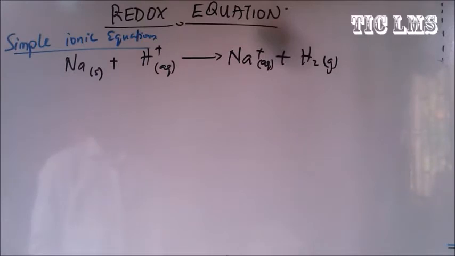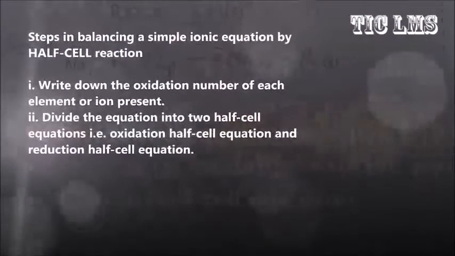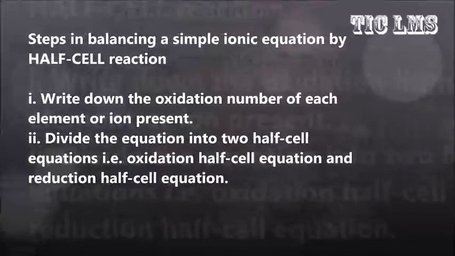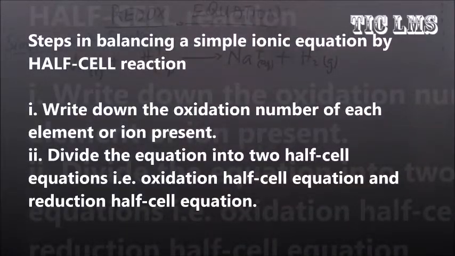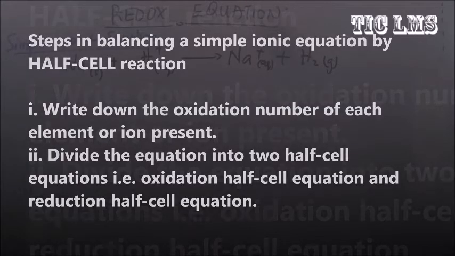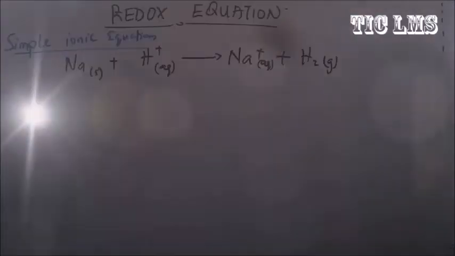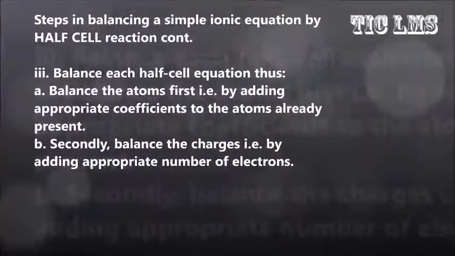Now there are steps by which we can balance this simple equation. We will follow these steps. The first step says that we should write down the oxidation number of each element or ion present. Step 2 says we should divide the equation into two half cell equations. That is the oxidation half cell equation and the reduction half cell equation. Step 3, we have to balance each half cell equation.